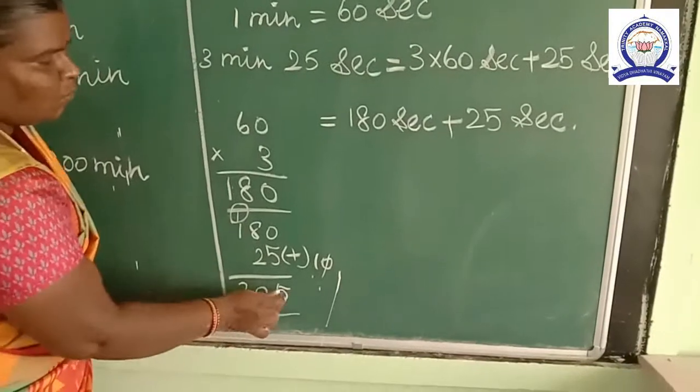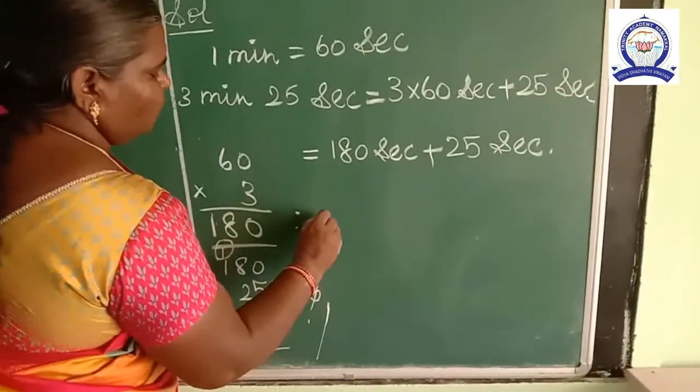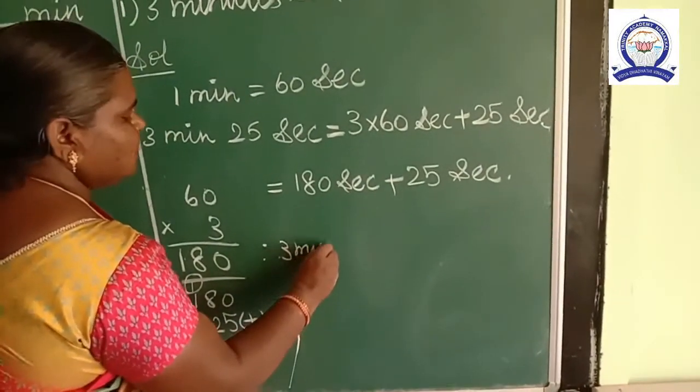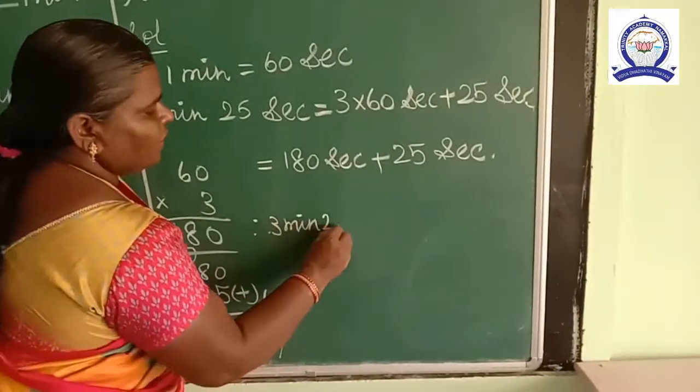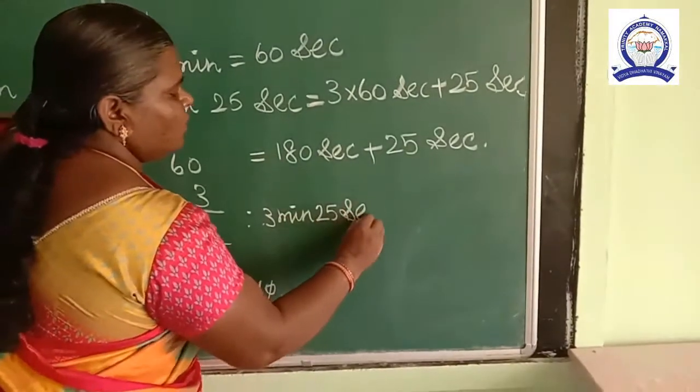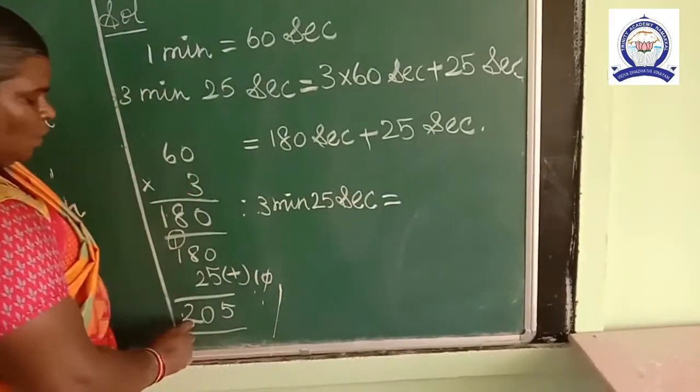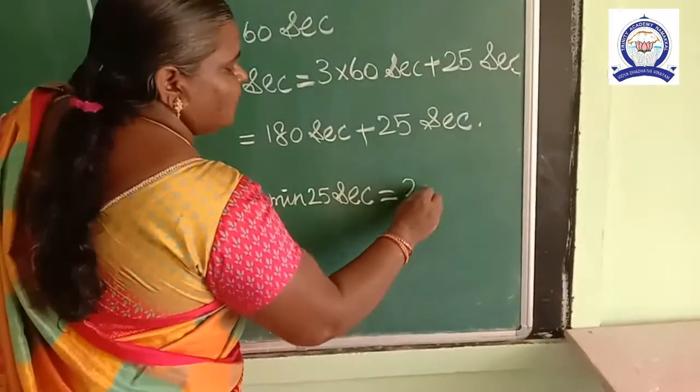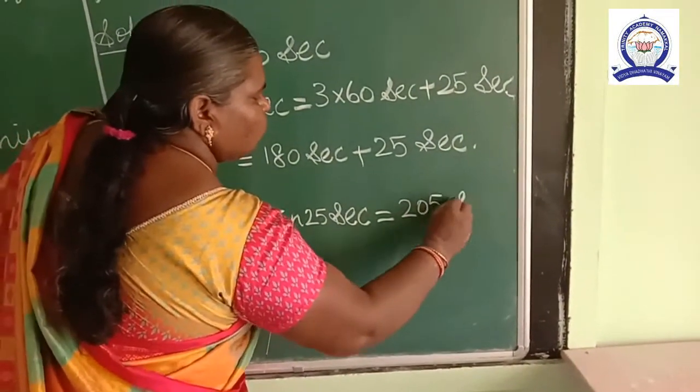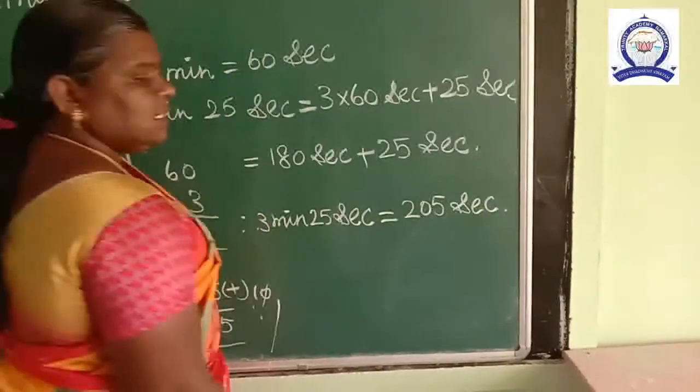We get the answer 205. Therefore, 3 minutes 25 seconds is 205 seconds. Is it clear, children?